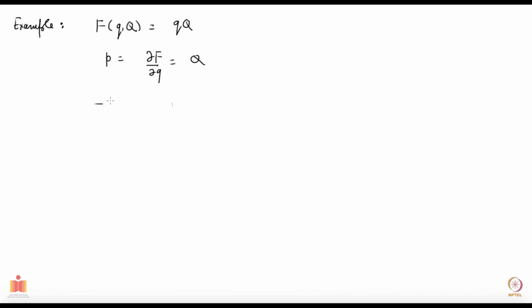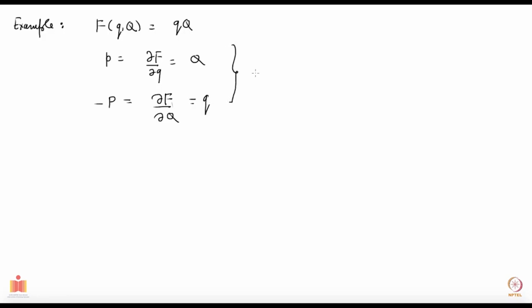So minus the new momentum is the derivative of this with the new coordinate, and that leaves you with a q.